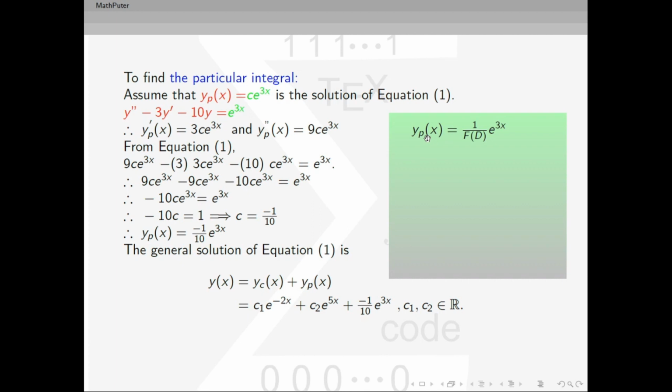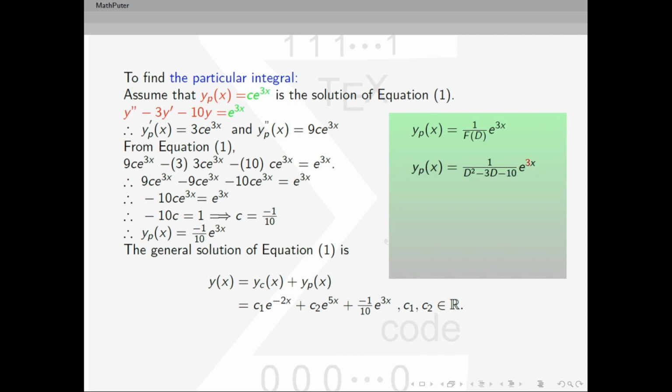We represent the function yp as 1 upon f(d) into e raised to 3x. What is f(d)? D square minus 3d minus 10, that you know. So this is 1 upon d square minus 3d minus 10 into e raised to 3x. Now what do we do?